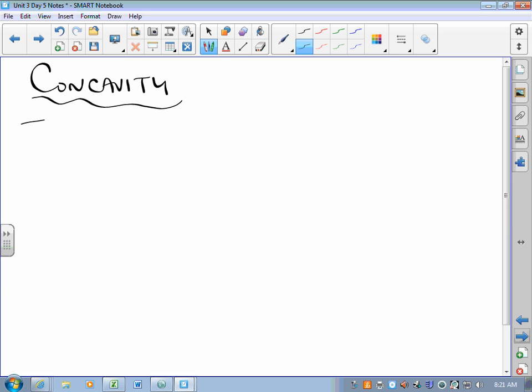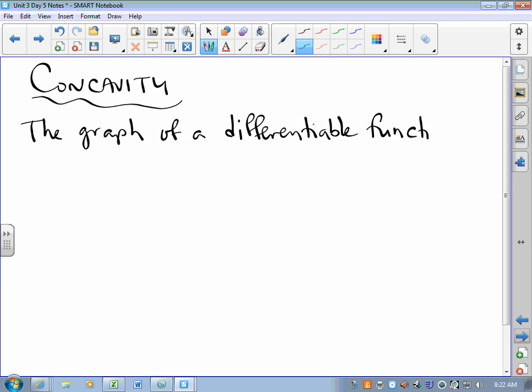That's the idea. So by definition, the graph of a differentiable function. Differentiable means that it's smooth. You can draw a tangent line at every point.